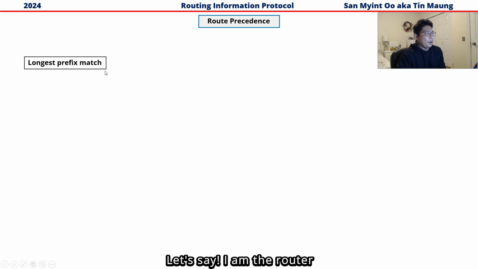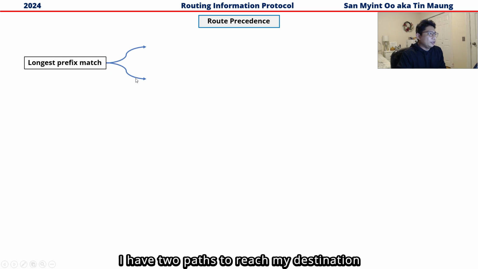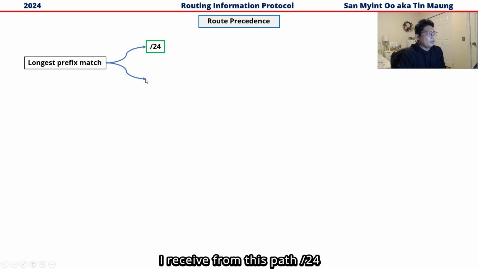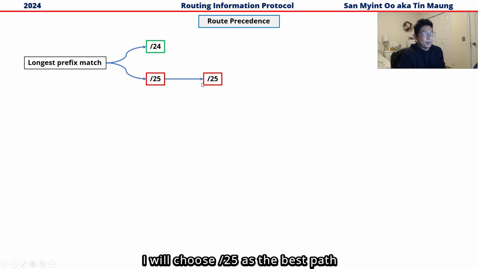Let's say I'm the router, and I have two paths to reach my destination. I receive /24 from this path and /25 from this path. What is the best path? I will choose /25 as the best path because /25 is more specific than /24. For the longest prefix match, the most specific is the best path.